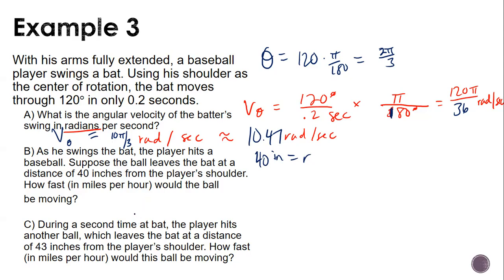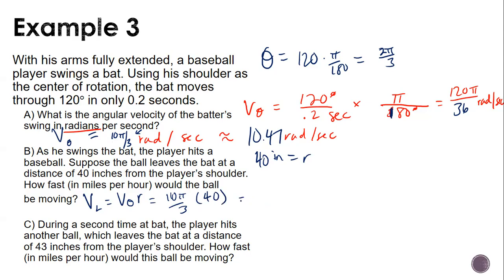our way there, right? So first thing, linear velocity equals your angular velocity times your radius. What's our exact value of our angular velocity? This guy, right? 10 pi over 3. And what was our radius? 40.